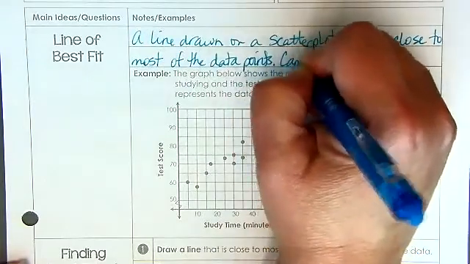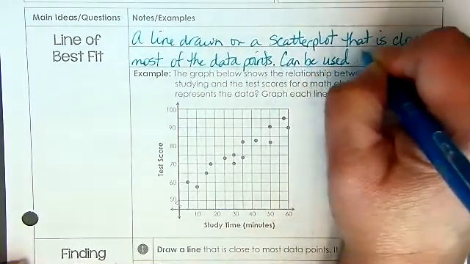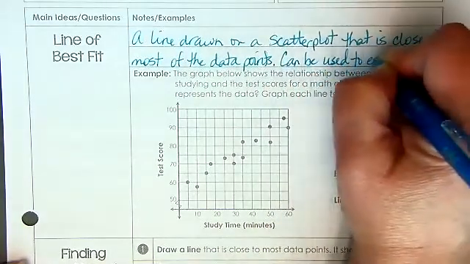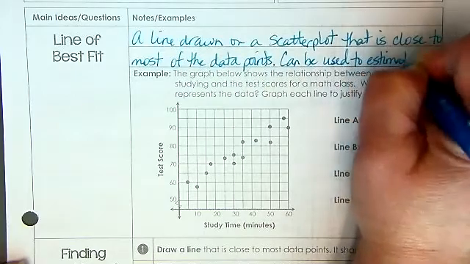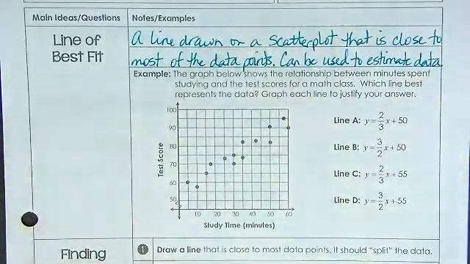Period. It can be used to estimate data. You can use it to gather information.